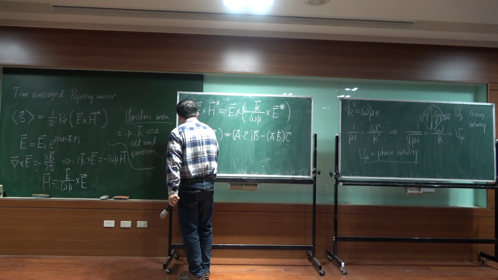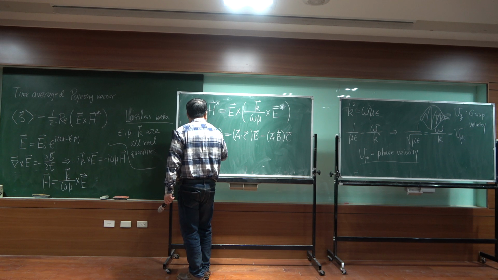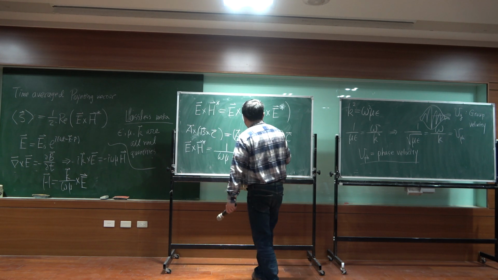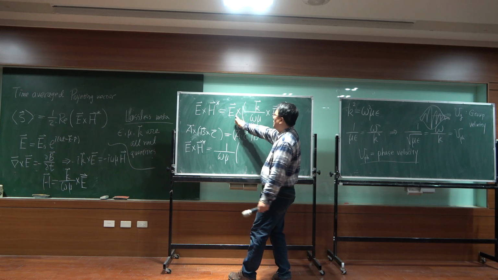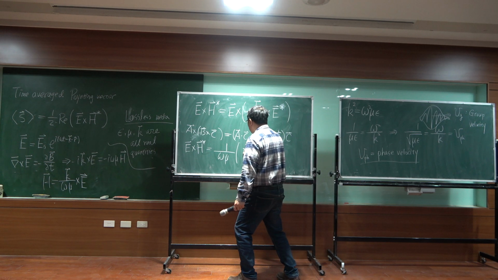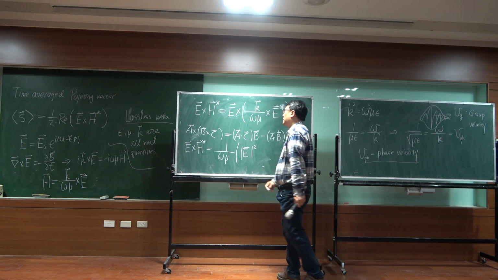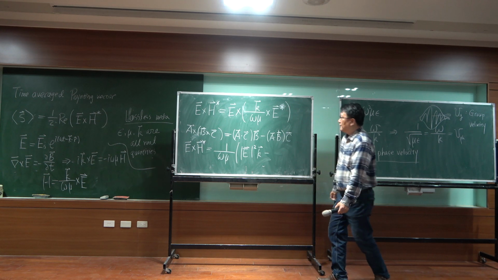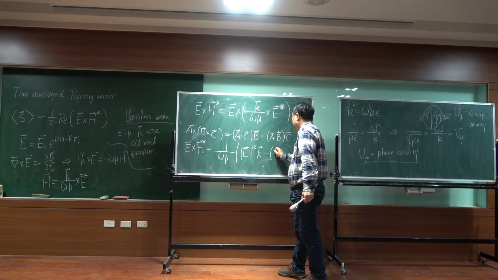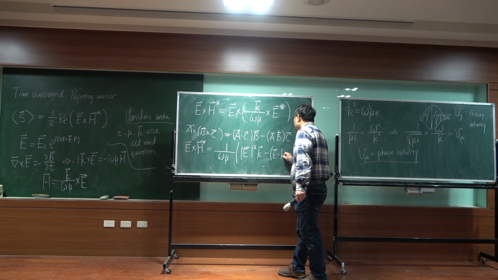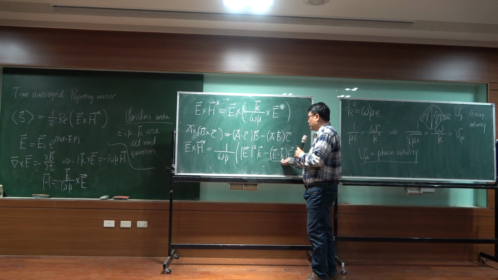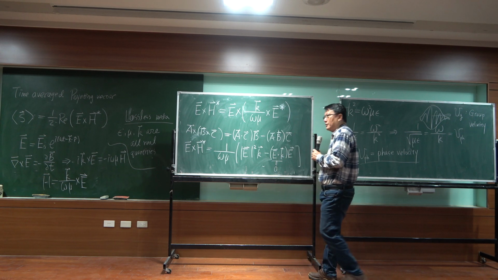We find that E cross H star is now equal to E dot E star, which gives us the absolute square of E, times k, minus E dot k times E. However, we know that E is perpendicular to k, so this is equal to 0.